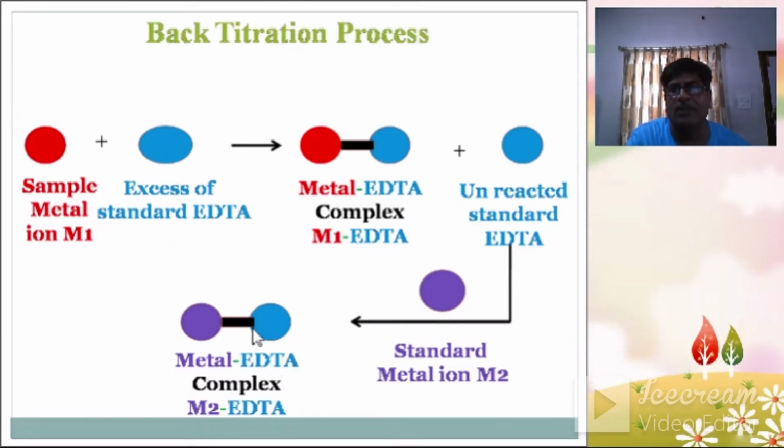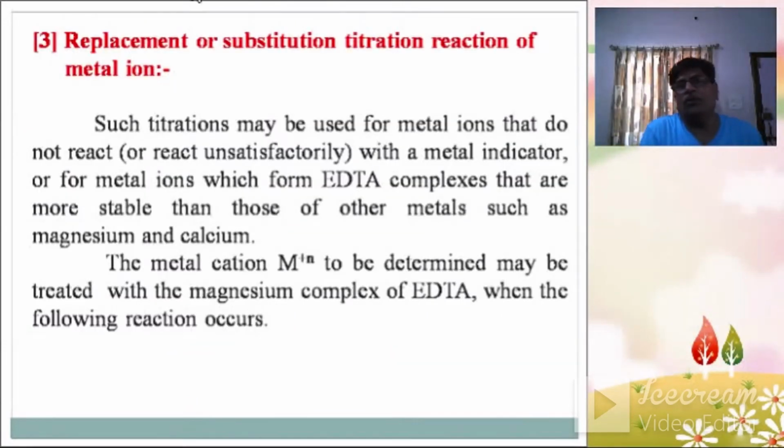Thus, at the end point, a blue to wine red color change is found at the end of the titration. Now, the third method is replacement or substitution titration reaction of metal ion.